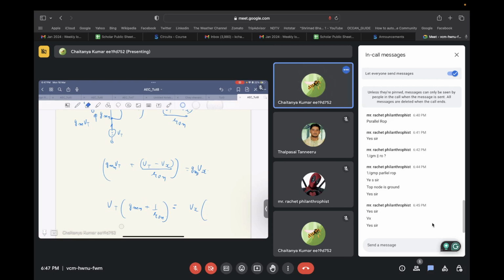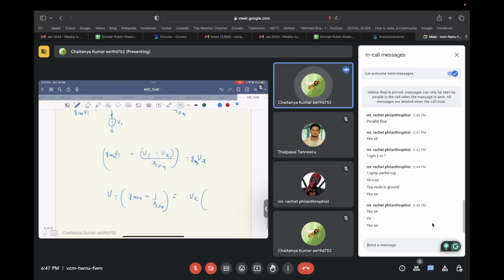So we'll get rid of GMP over here. So it's GMN plus 1 by RON, and inside this it is GMP plus 1 by RON.